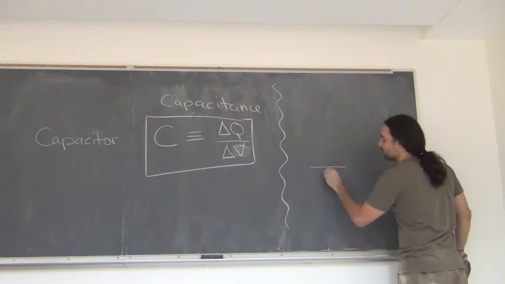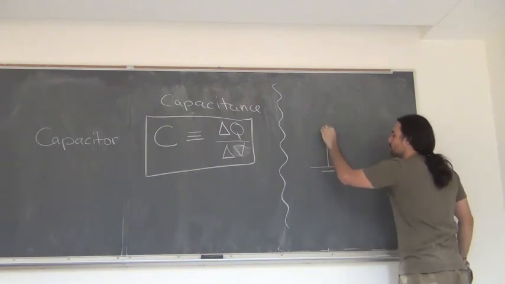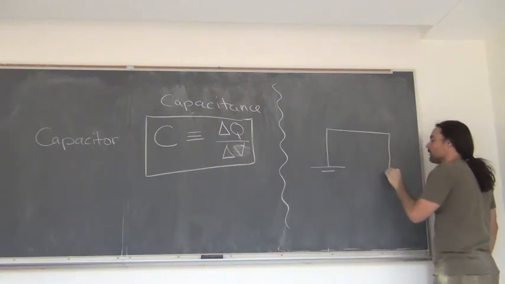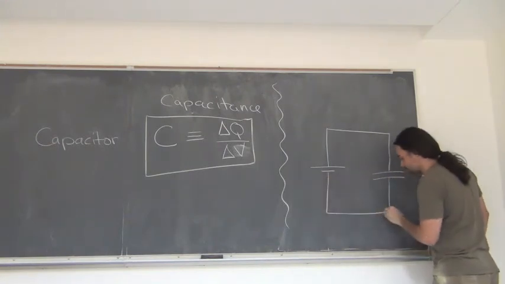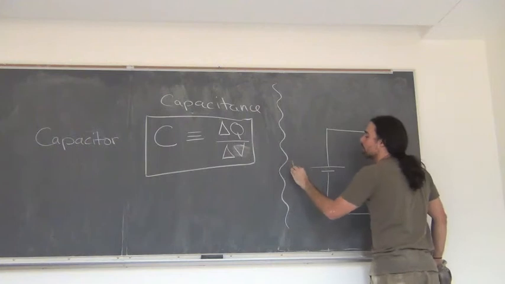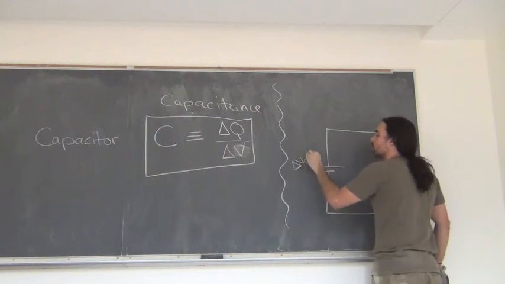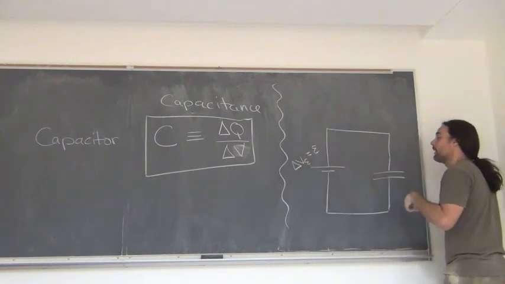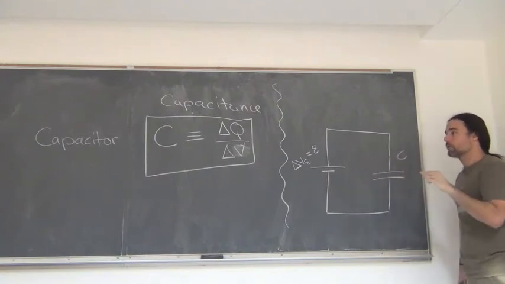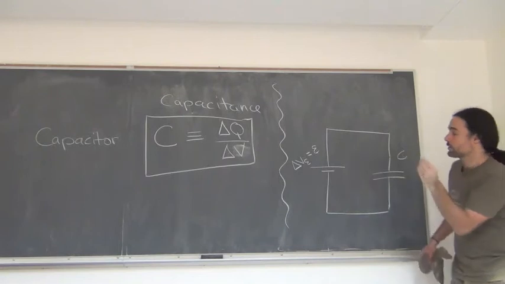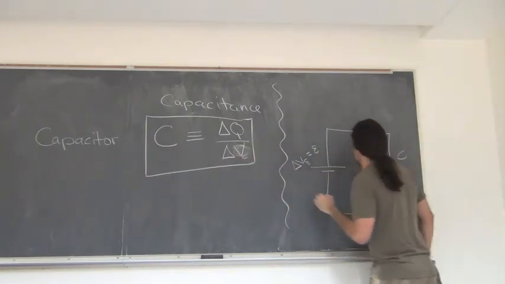Let's say you have a battery. The battery comes over here to my parallel plate capacitor. So the battery provides some voltage given by its EMF. The capacitance is going to be, I should say this is the voltage drop across the capacitor.